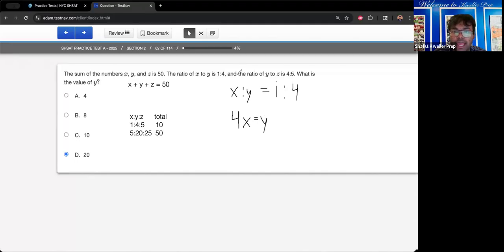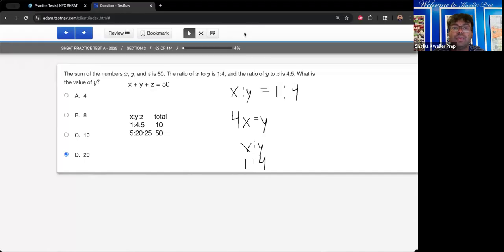Because now we see that if x is equal to 1, y is always 4 times x. So that's what I mean when you flip it. So here we have 4x is equal to y. The ratio would still be x to y is 1 to 4, even though the 4 is on the x side. We flip it. We give the 4 to the y, and then x has 1, if that makes sense.